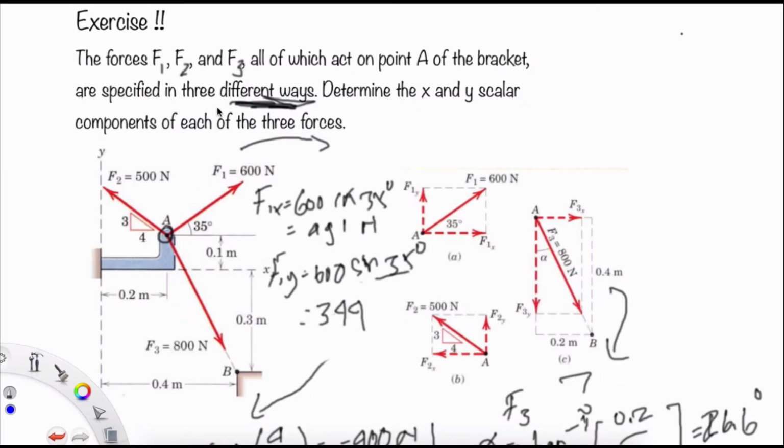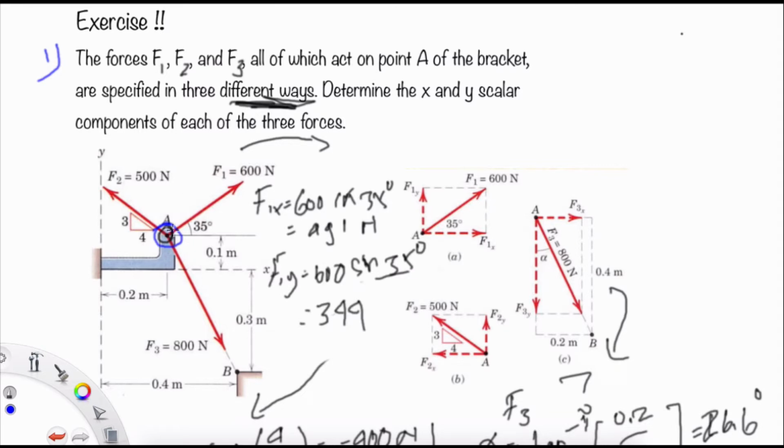Okay, we have two exercises here. The first exercise is: the forces F1, F2, and F3 all act on point A of the bracket. So all three different forces are working at point A. Then we have to determine the x and y scalar components of each of the three forces.